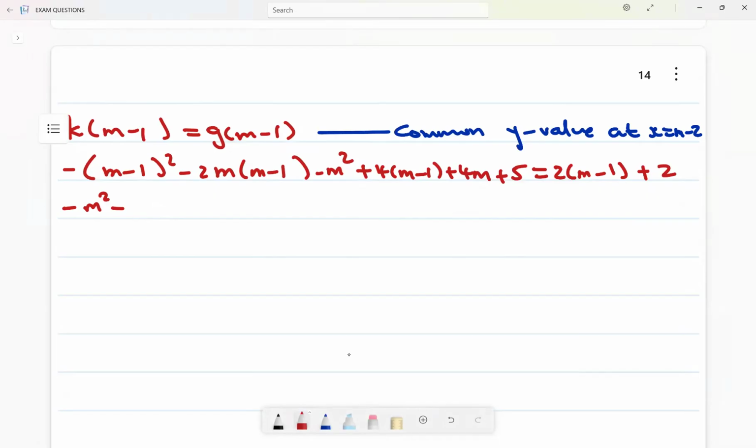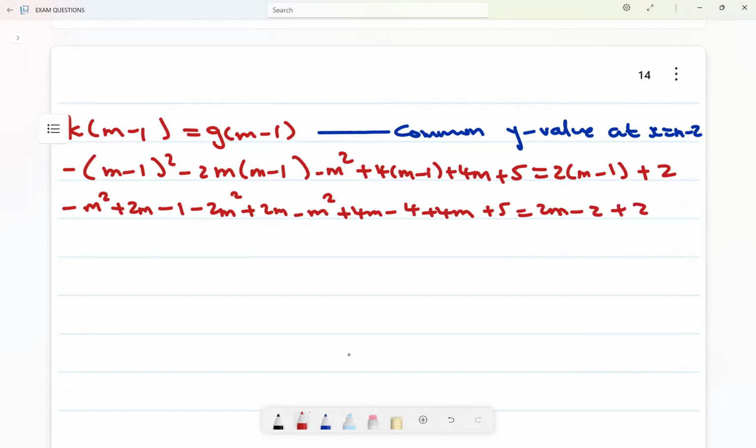It's going to be m multiplied by m squared, I can multiply by the negative, and then m multiplied by negative 1 multiplied by 2 plus this is going to be plus 2m minus 1 minus 2m squared plus 2m minus m squared plus 4m minus 4 plus 4m plus 5 is equal to 2m minus 2 plus 2. And then this one cancels off already.